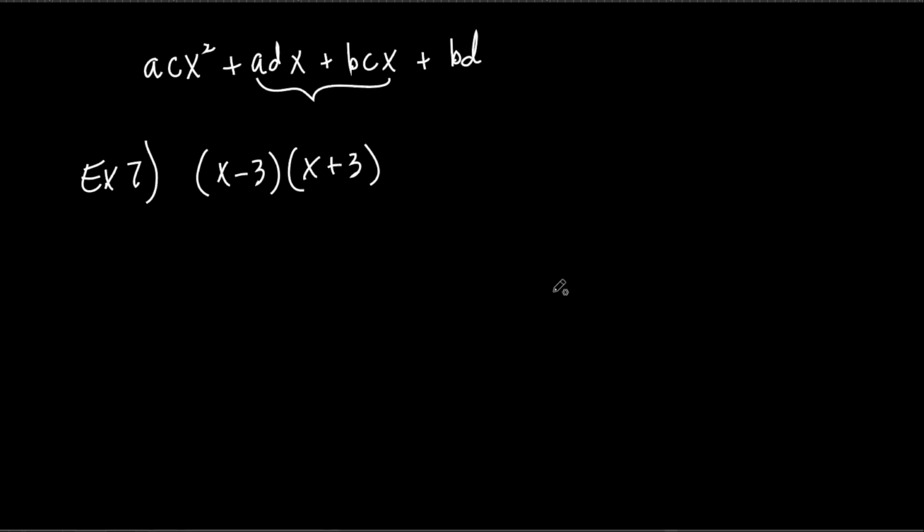I'll give you 30 seconds to do this problem. Ready? Go. It's x minus 3 times x plus 3. Figure it out. So multiply these together.